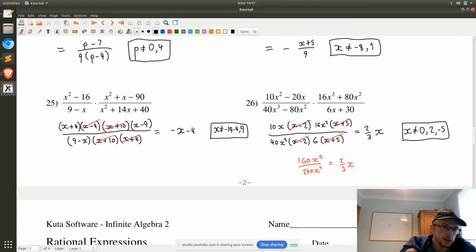Wait, no, I actually genuinely don't understand that. Why isn't that x at 4? Oh, because I excluded the wrong one. Ah, with the carelessness. That's actually fine. 9, -4, -10, right, okay. 2/3 of x, excluding those. Okay. Better.